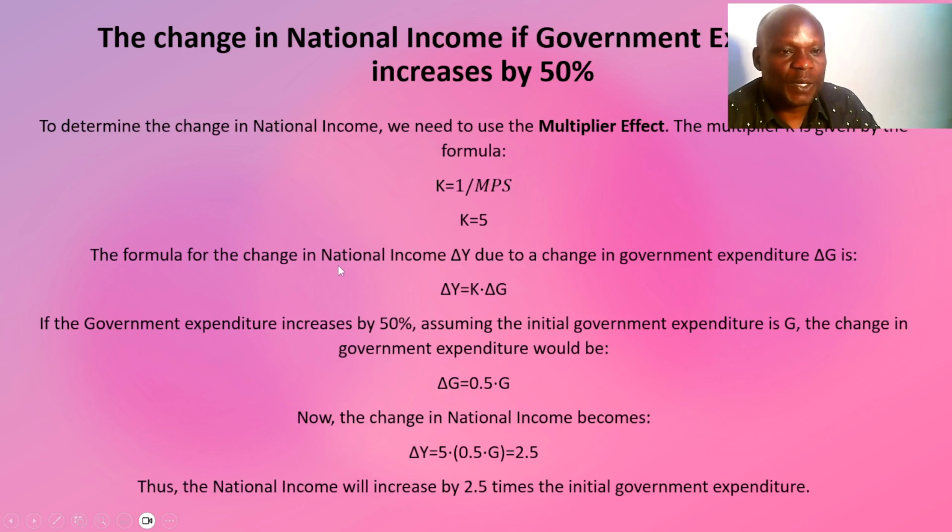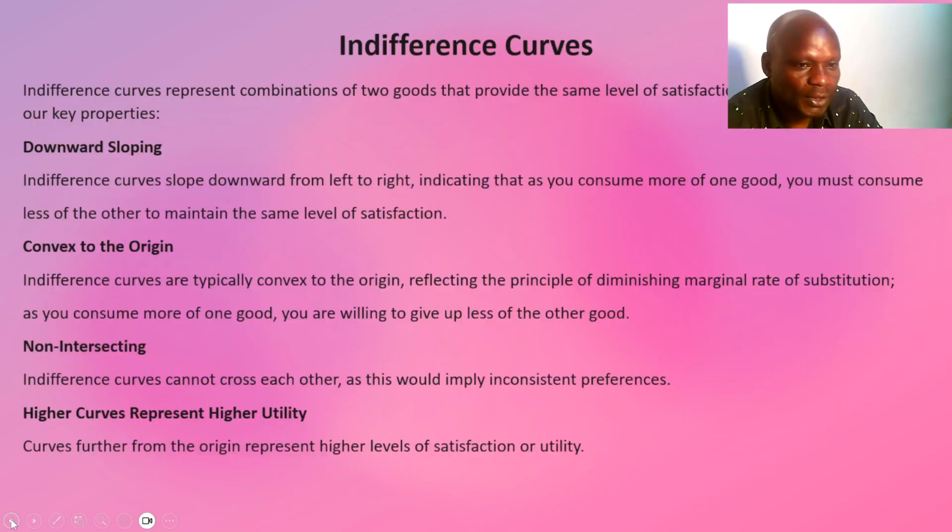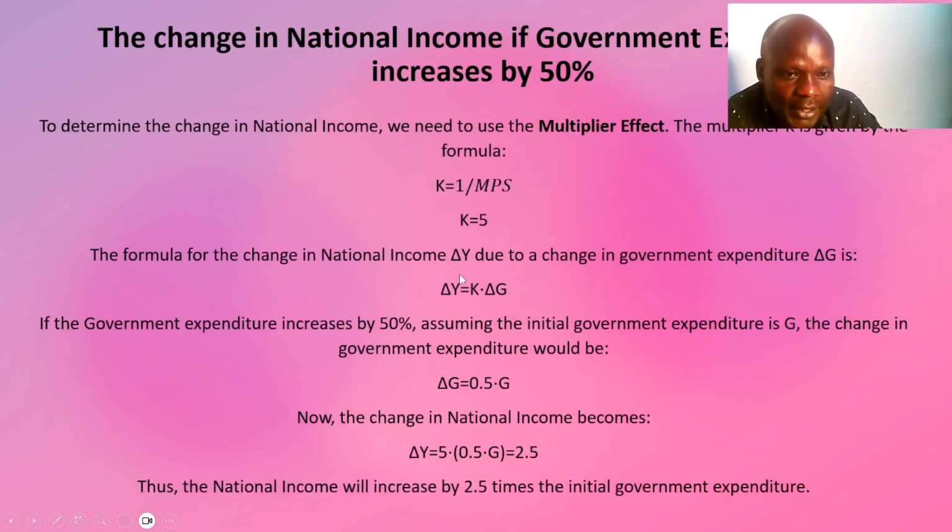The formula for the change in national income, delta Y, due to a change in government expenditure, delta G, is: delta Y, the change in national income, equals the multiplier effect times the change in government expenditure.